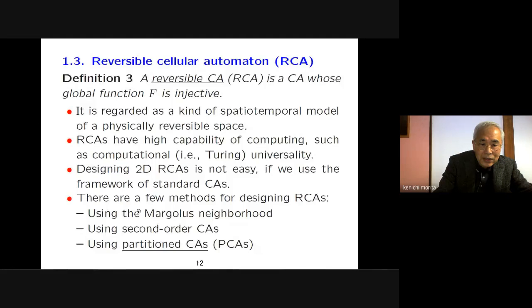But there are a few methods for designing reversible cellular automata: using the Margolus neighborhood, using second-order cellular automata, and using partitioned cellular automata. But here, I use the last method, partitioned cellular automata, PCAs.